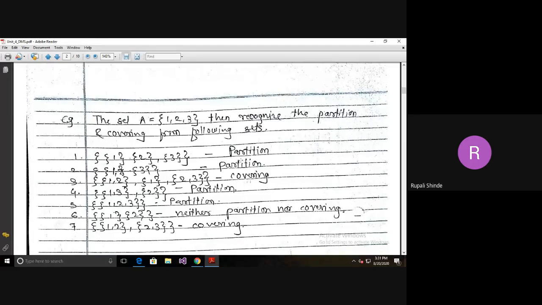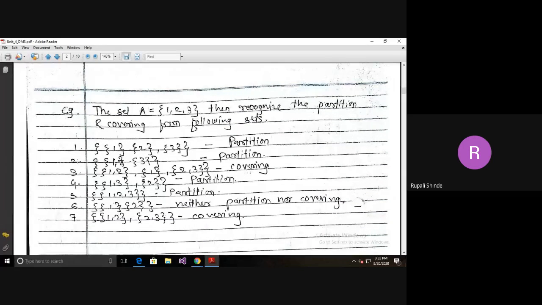This is a partition because nothing is common between these sets, and to be a partition it must be a covering. जर ते partition असेल तर first important thing आहे, it should cover all the elements of the original set, and that set is containing 1, 2, 3. So your partition must contain 1, 2, 3, and there should not be any element common between subsets.